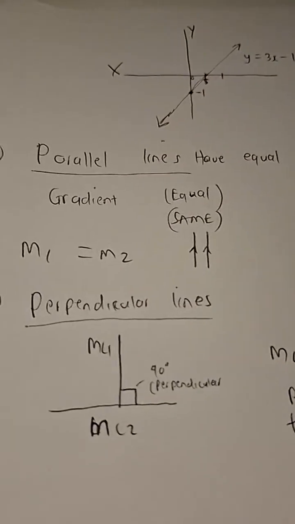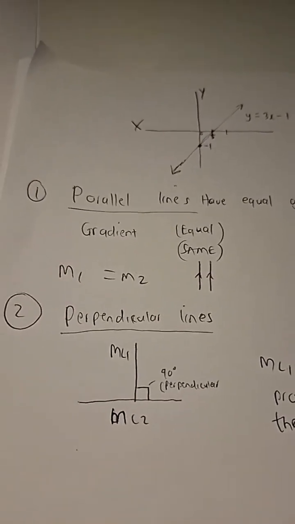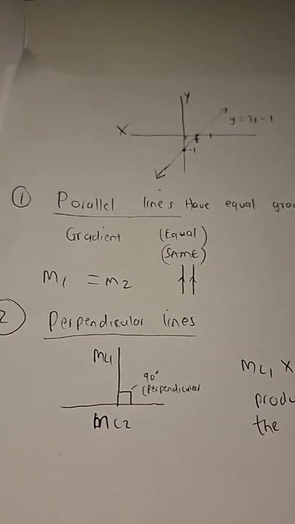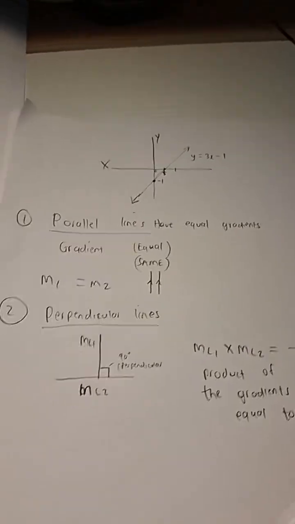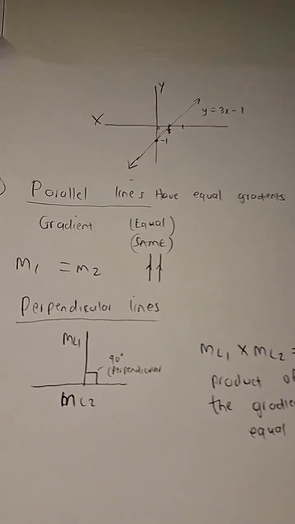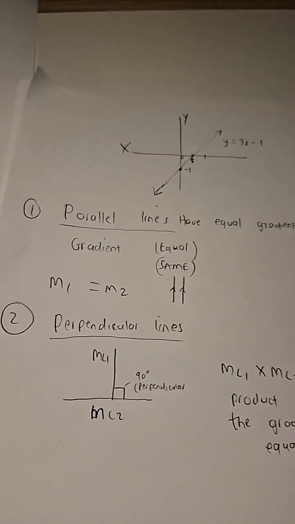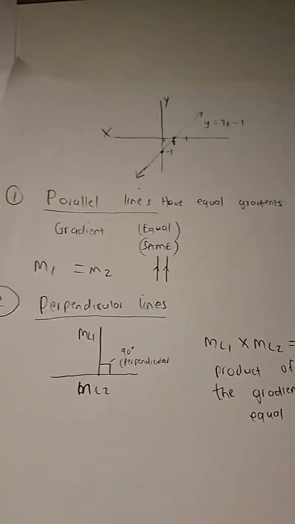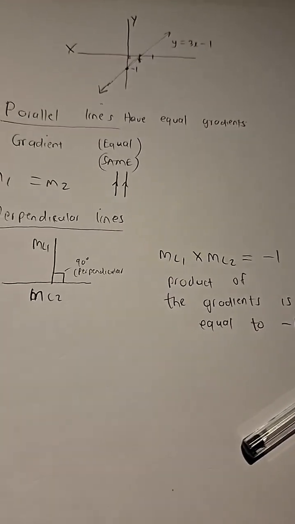I came up with a sort of rap: parallel lines, equal gradients, parallel lines, equal gradients. Perpendicular lines, the product of gradients equals -1, the product of gradients equals -1.